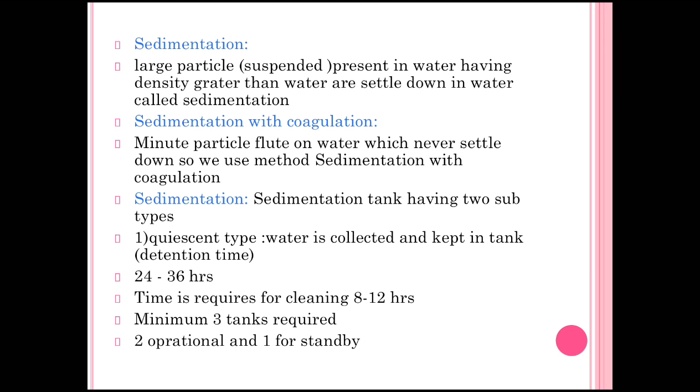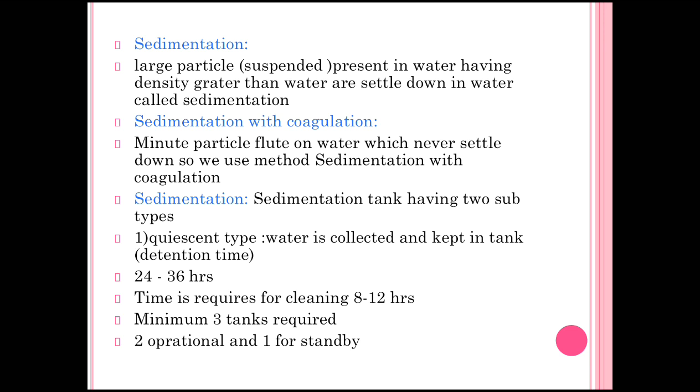A sedimentation tank has two subtypes. The first one is the quiescent type, and the second is the continuous flow type. In the quiescent type, the water is collected and kept in a tank for 24 to 36 hours.